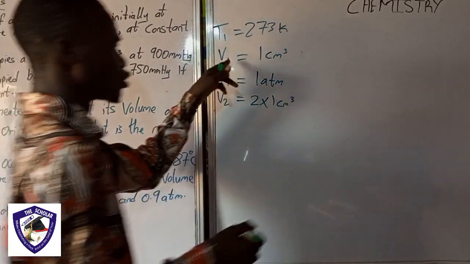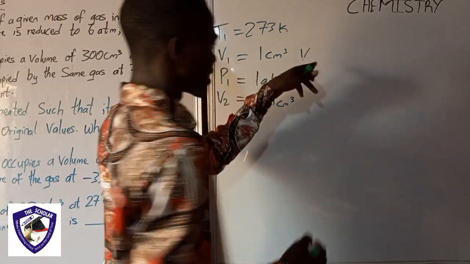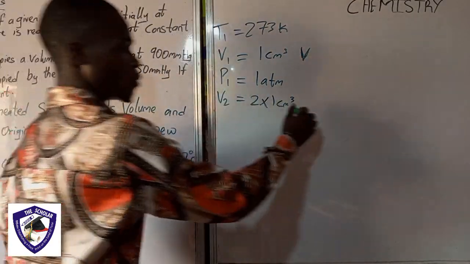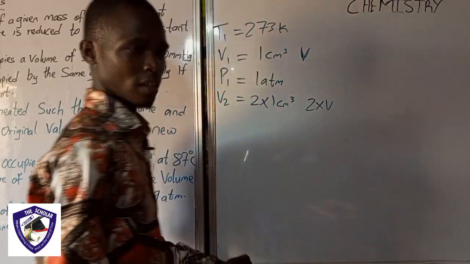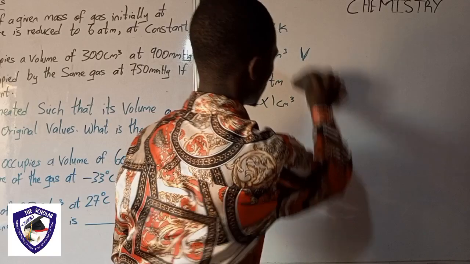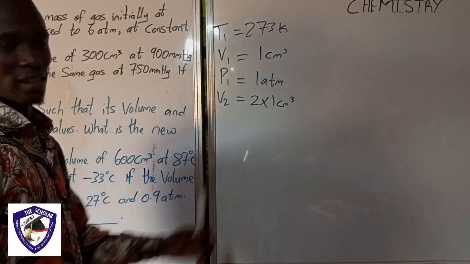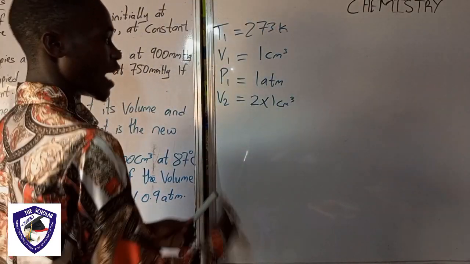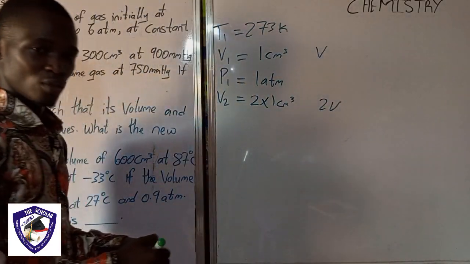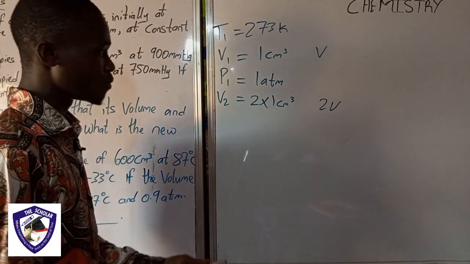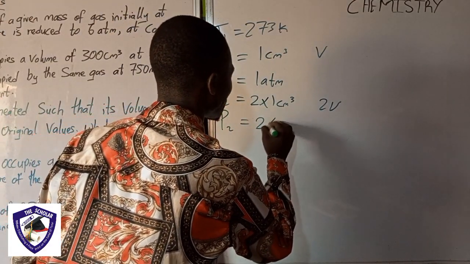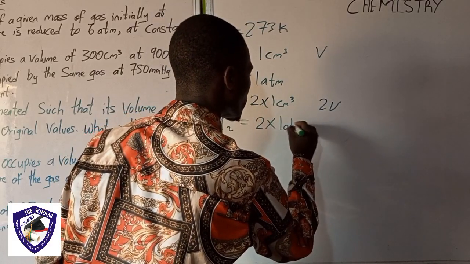Now if you decide to use a letter and say your original value is V, it means your V2 will be what? 2 times V. That would be 2V. But here I'm using 1 centimeter cube. You can also calculate and make use of V, and your V2 will be 2V. You are going to get the same answer. Now for pressure, it means my pressure is also 2 times 180.